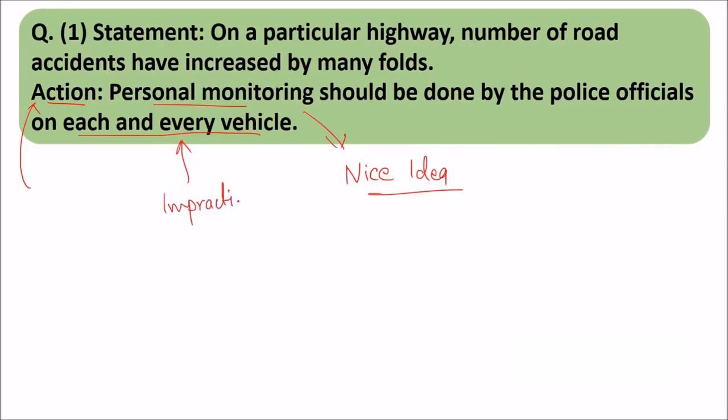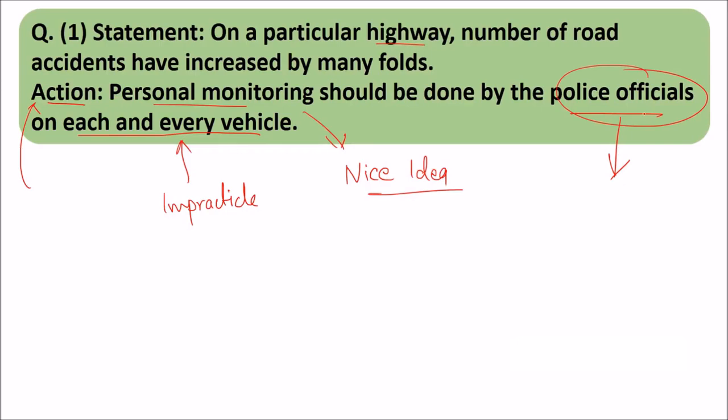Because there are thousands and lakhs of vehicles going through a highway, it is really very impractical to monitor each and every vehicle. What will happen because of this impractical solution is that a newer problem will be created: we will need more police officials to monitor the highway. If the entire force gets diverted to the highway, then the other areas which require monitoring or the help of police officials, what will they do?